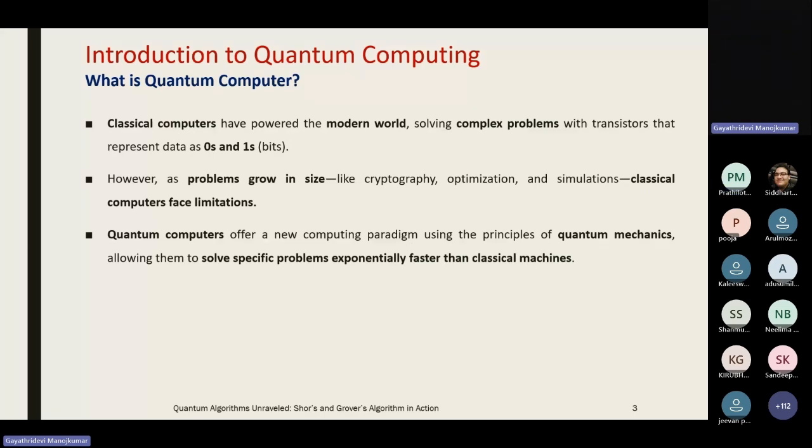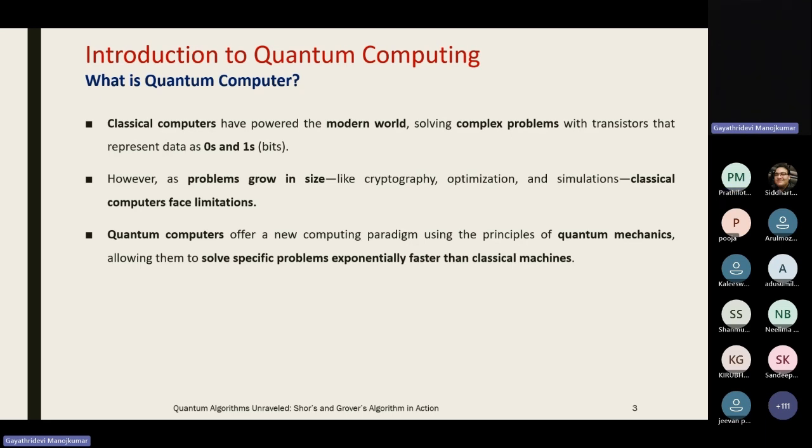All the complex problems are solved with the help of zeros and ones. However, when the problem size grows, like in cryptography, optimization, and simulation problems, the classical computers find limitations. In those cases, quantum computing came into the picture.